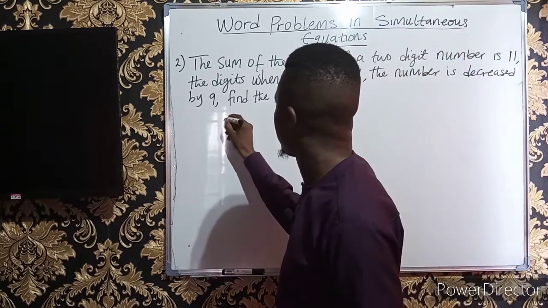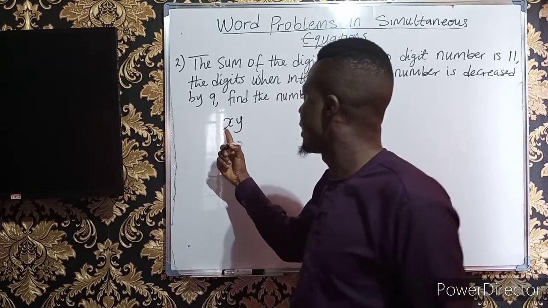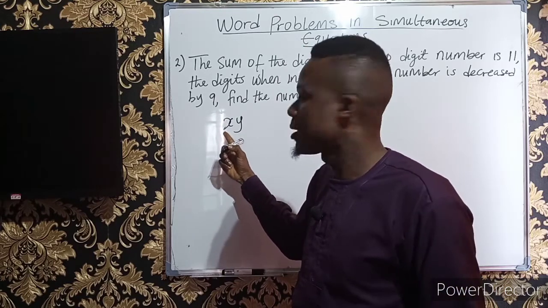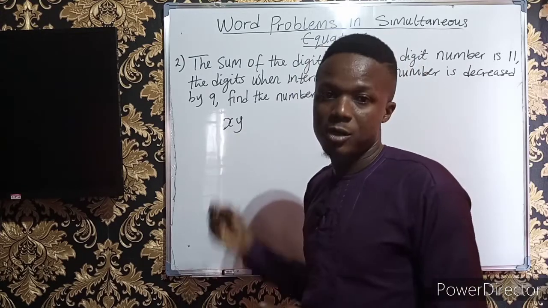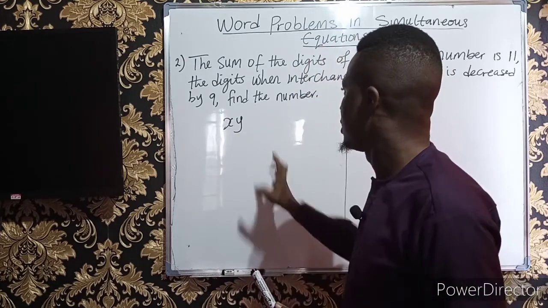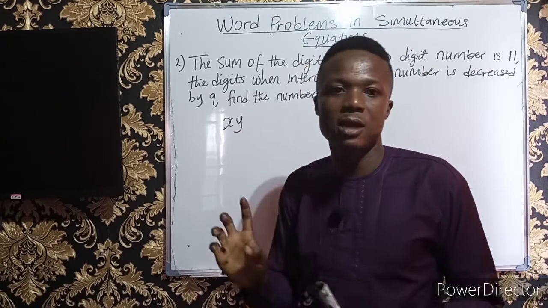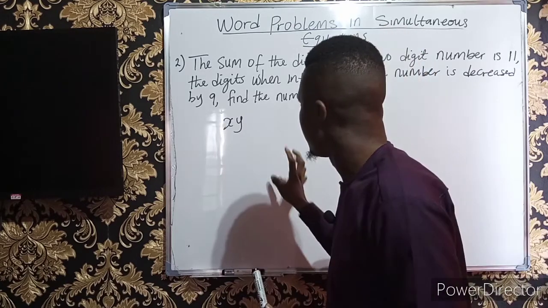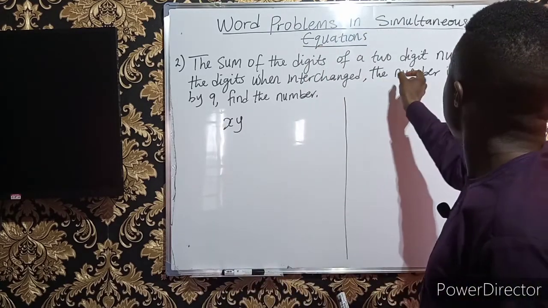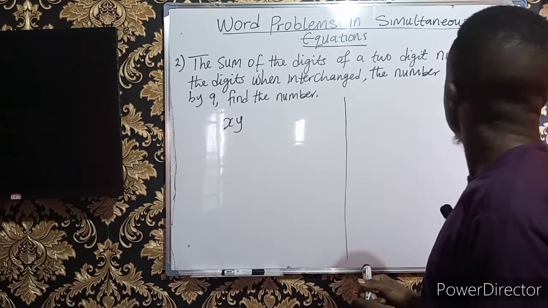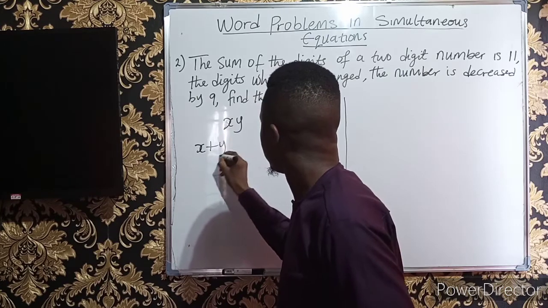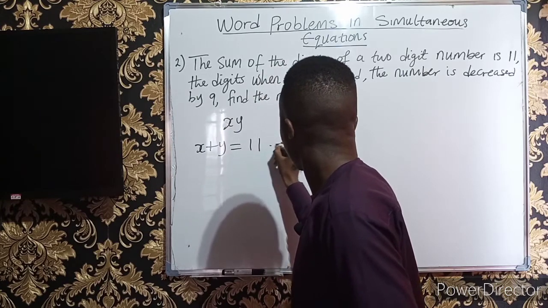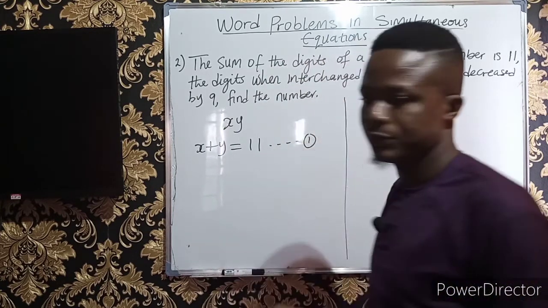Let's say the number is xy. We don't know the 2-digit number they are talking about, so let's assume that xy stands for the 2-digit number. We are told that the sum of the digits is 11. Therefore, when I add the digits, x and y, I will get 11. I will tag this equation 1.